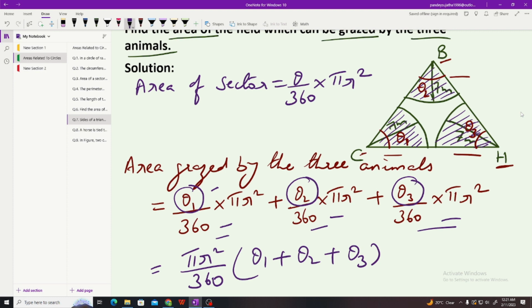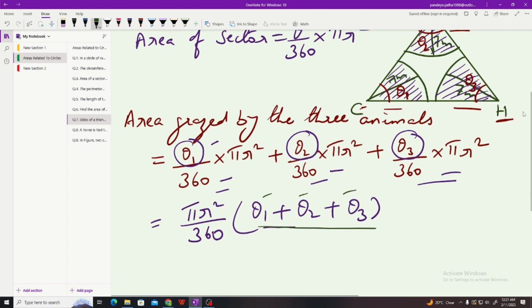So just check the sum of theta 1 plus theta 2 plus theta 3 will be equal to how much? Since these all three are the angles of the triangle, you all know that the angle sum property of a triangle is equal to 180 degree. So in place of theta 1 plus theta 2 plus theta 3, we are going to write 180 degree.